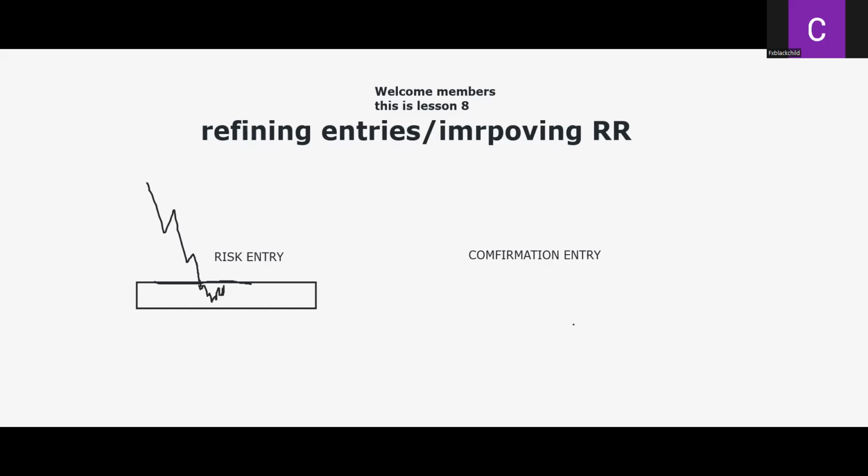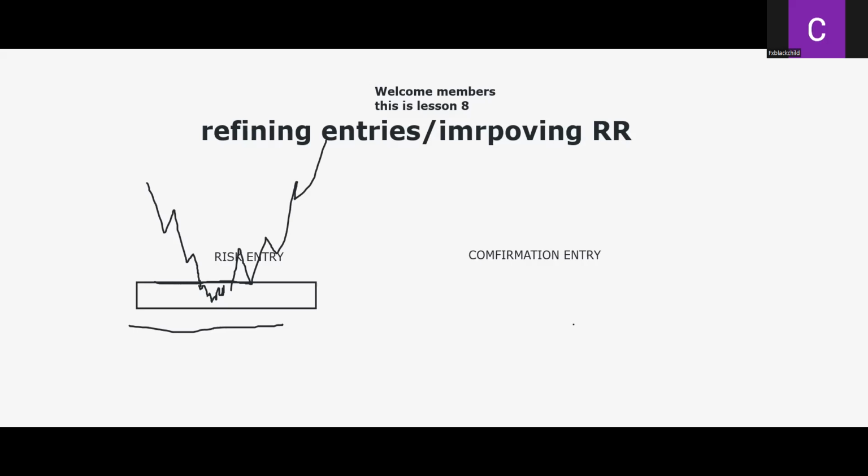Maybe you have put your stop loss just below here, and as soon as that happens, you're gone. That's a risk entry, because sometimes price might still continue going down. But mostly, the more the risk, the more the reward.